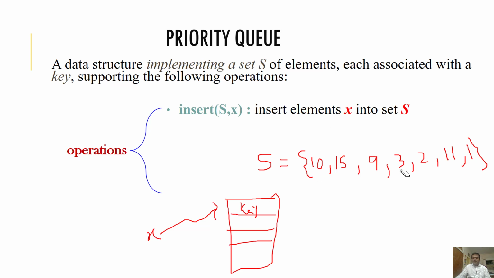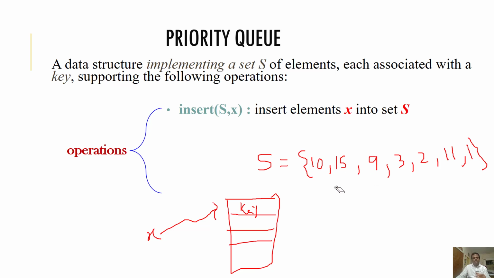These are basically the keys, and each is associated with a different record. So this is corresponding to x1, this is corresponding to x2, x3, so a pointer is there, but these are basically the key fields of those particular records.